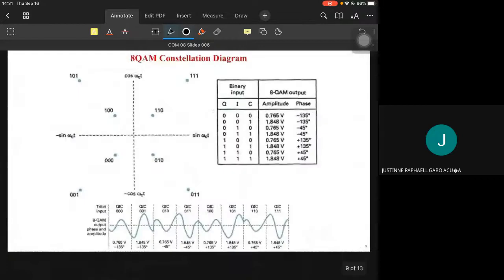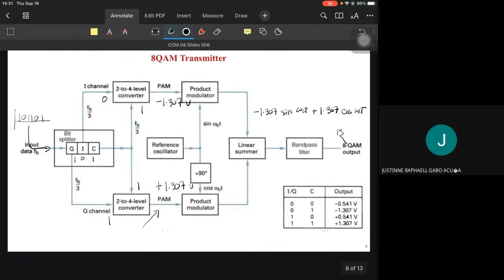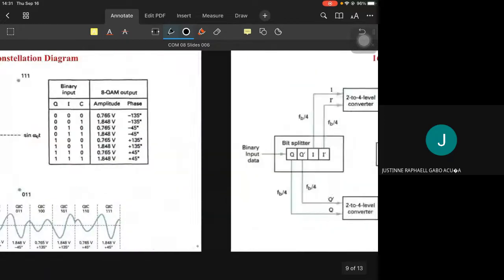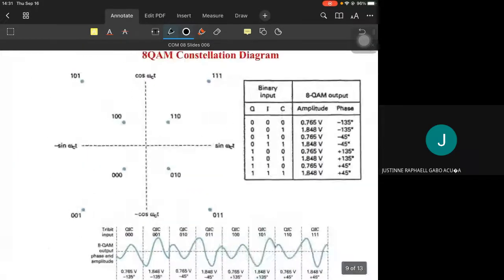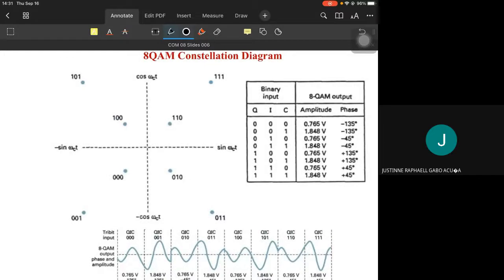Okay. So, sige, mag-math ta. So, maniiyahang constellation diagram. So, what can you observe? Dili na sila circular, no? Dili na ba?